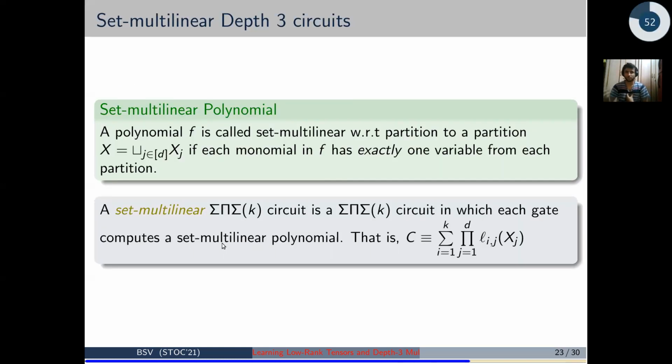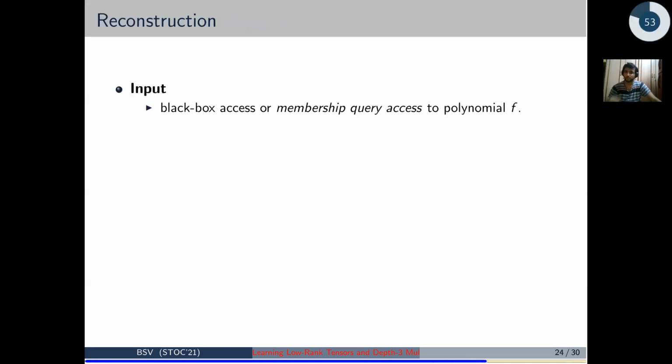Similarly, you can talk about your circuit being set multilinear, where each and every gate is set multilinear with respect to the partition you mentioned. And if you look at it, you will realize that those circuits look like this. That is, each and every linear form comes from disjoint parts. So let me describe this reconstruction problem.